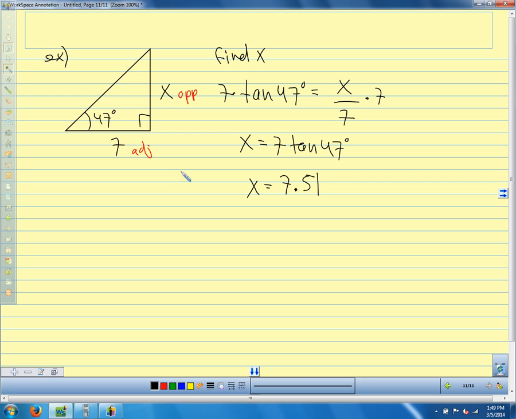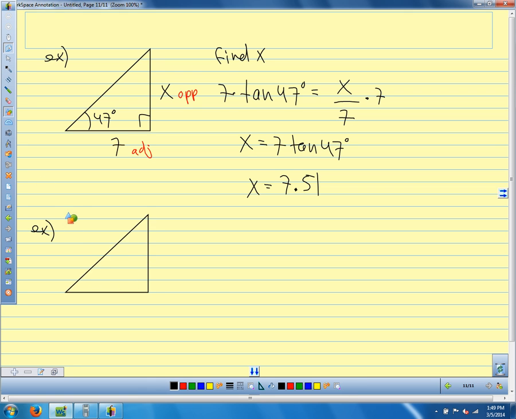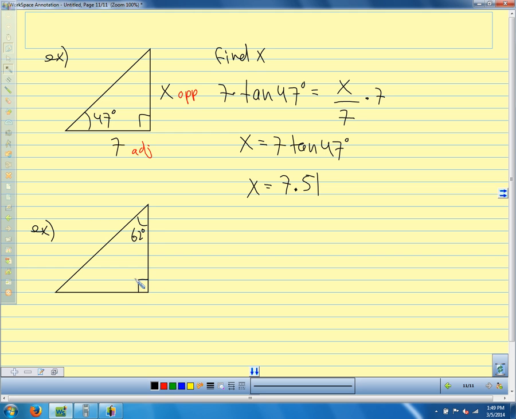All right, let's look at one last example. Just want to make sure that for this one particular kind that we all feel good about it. And we're finding x again.